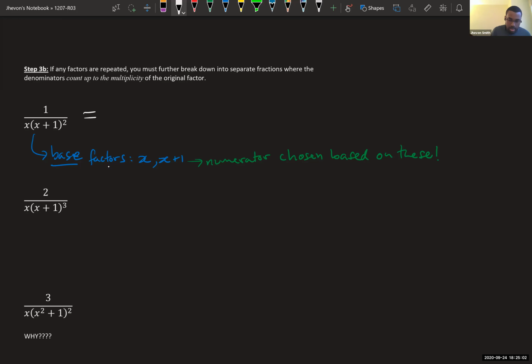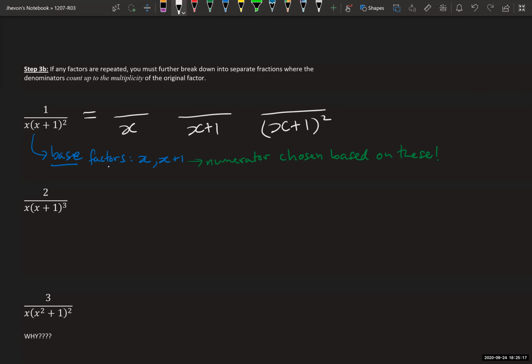Well, you would start one fraction with x, another fraction with x plus 1, and then another fraction with x plus 1 squared, right? If I had x plus 1 to the 5th, I would have a fraction with x plus 1, x plus 1 squared, x plus 1 cubed, x plus 1 to the 4th, x plus 1 to the 5th. I break down the base factors into all multiplicities counting up to the highest one that's present, okay?